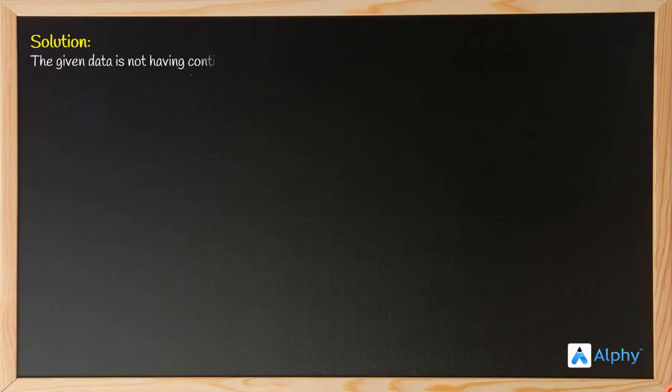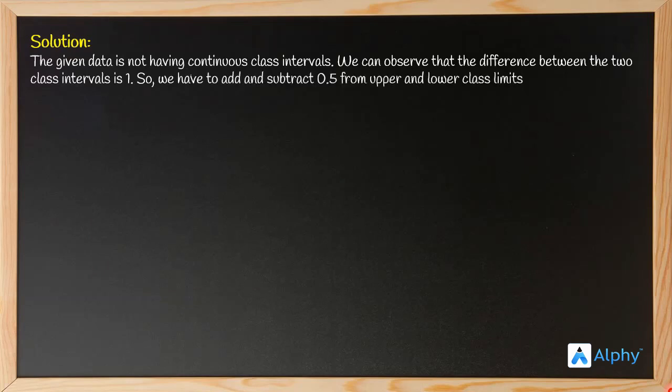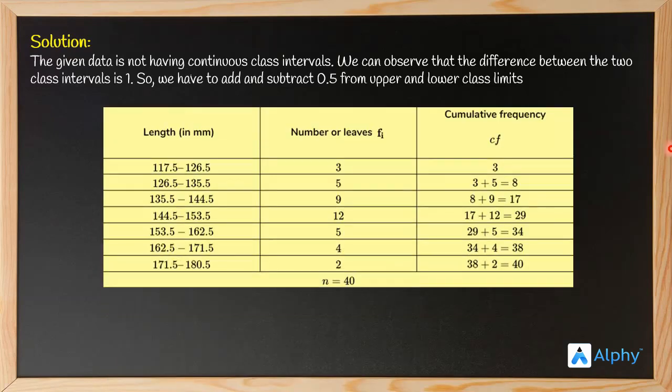The given data does not have continuous class intervals, so we can observe that the difference between the two class intervals is 1. So we have to add and subtract 0.5 from the upper as well as the lower class limits. Now you may observe that earlier our class interval was 118 to 126.